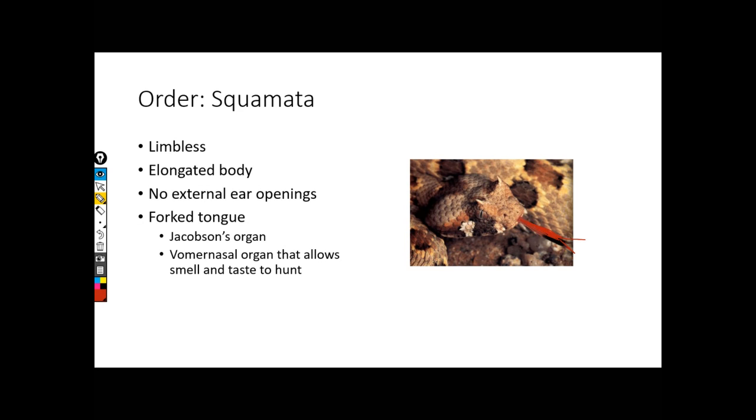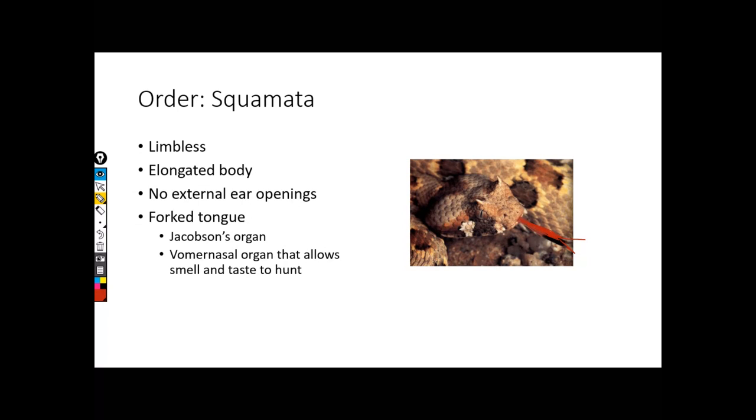We really are using what's called the Jacobson's organ and the Vilmer nasal organ. Vilmer nasal is just where it is, right up behind the soft palate. So they stick their tongue out, getting particles of air on the tips of their tongue in two directions, and then they bring that in and basically lick the back of their throat up behind their nose. So they're getting a combination of smell, because of its location, and taste.